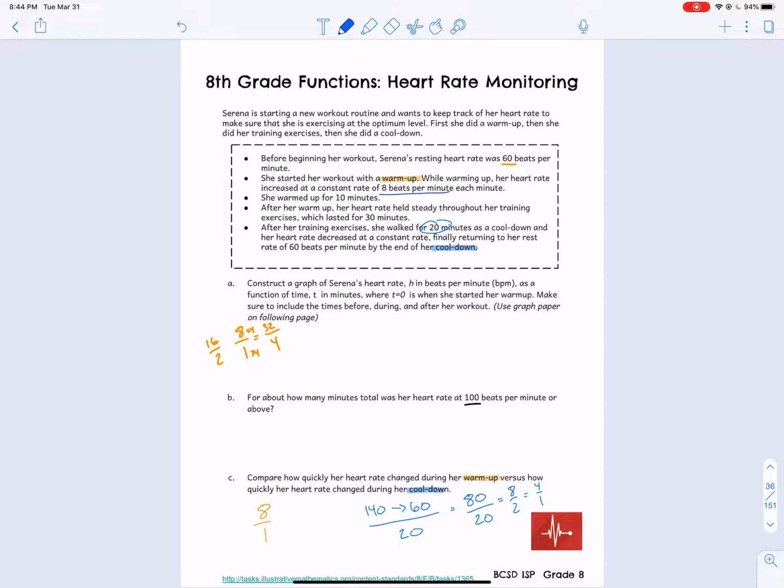So during the warm-up, her heart rate increased at 8 beats per minute.